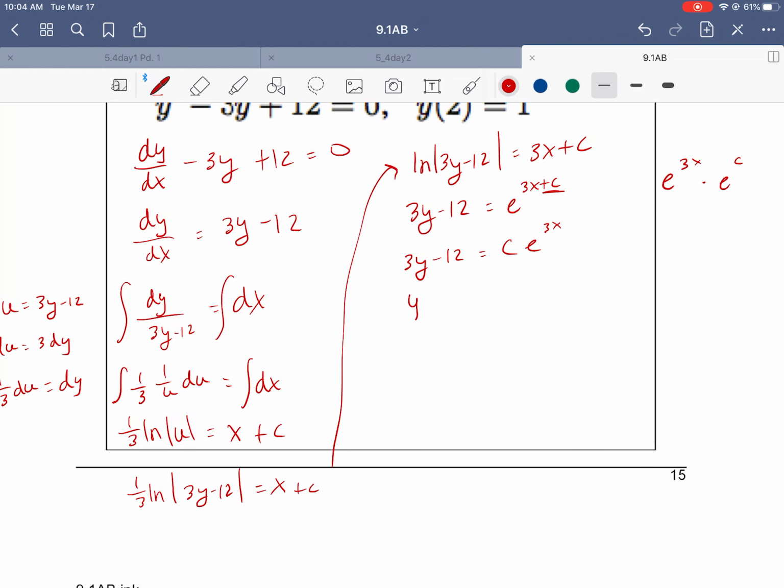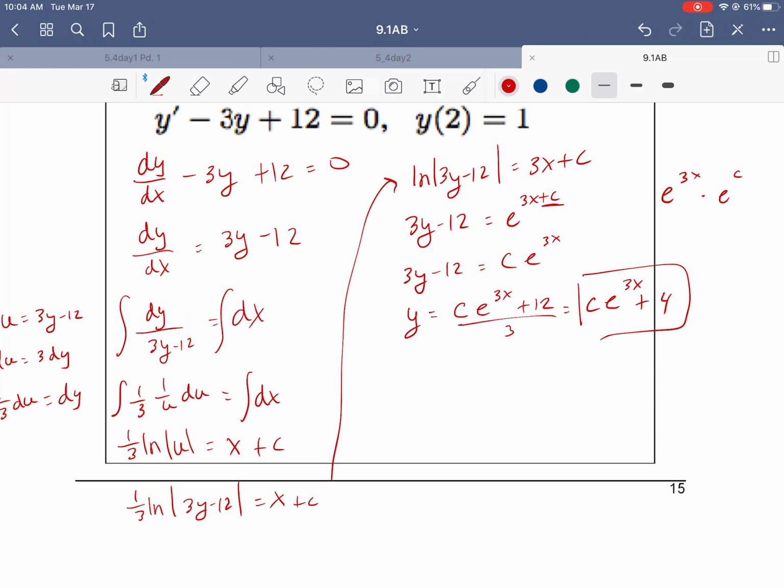So here I'm going to add 12 and divide by 3. And when I do that, remember c over 3 is still just c. So I have c e to the 3x plus 4. I plug in my information, 2, 1. And I solve.